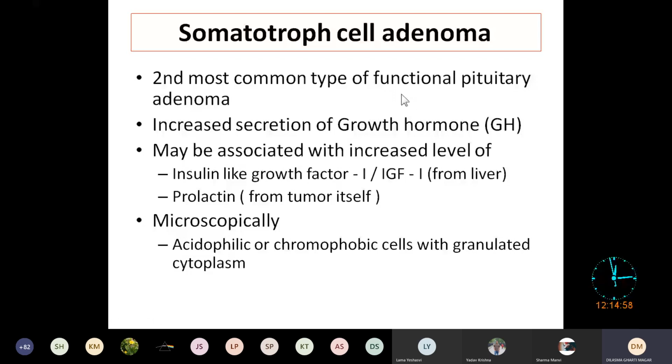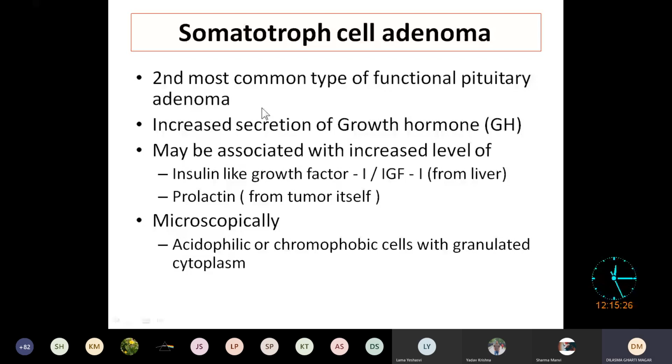Sometimes there can be tumors in the ovary and elsewhere, but if they don't produce any hormones, then that is known as non-functional.